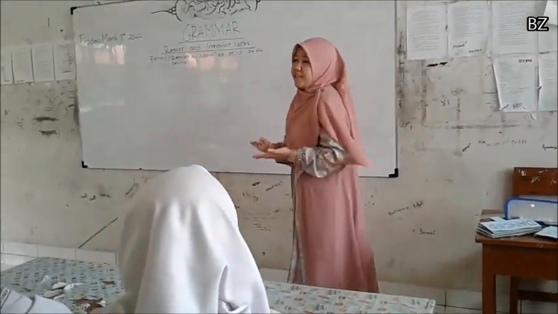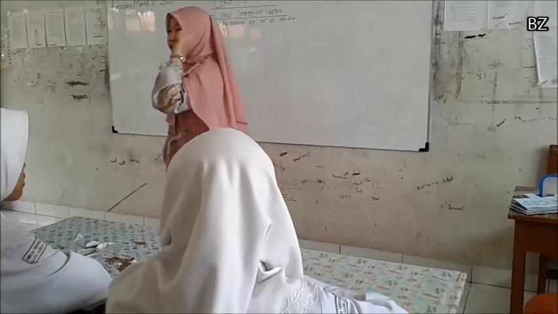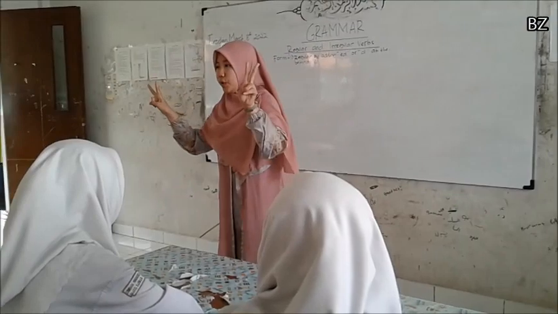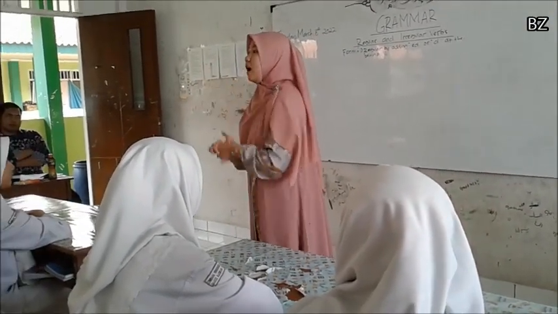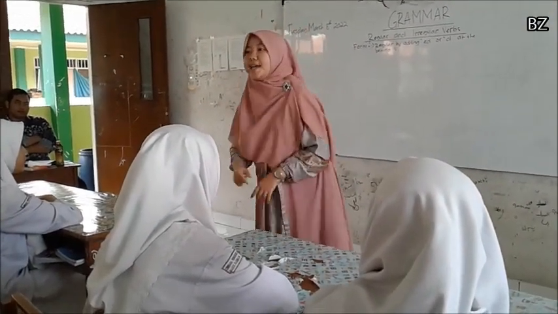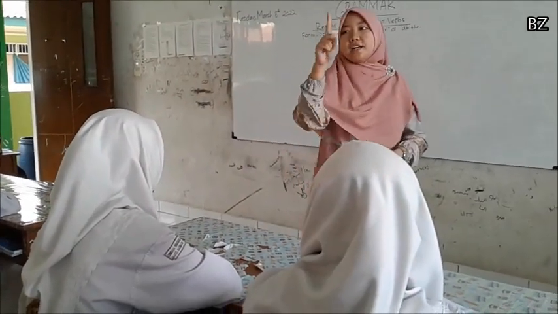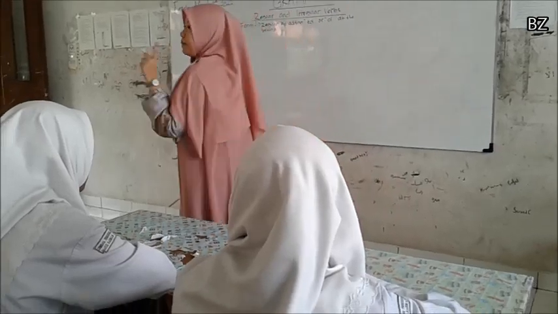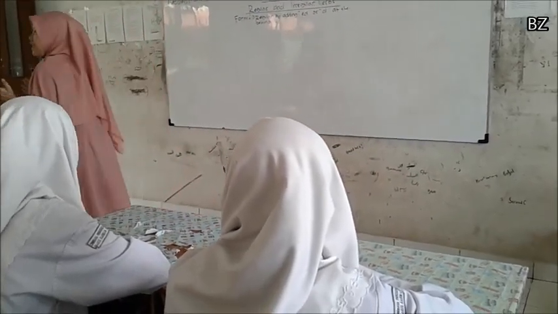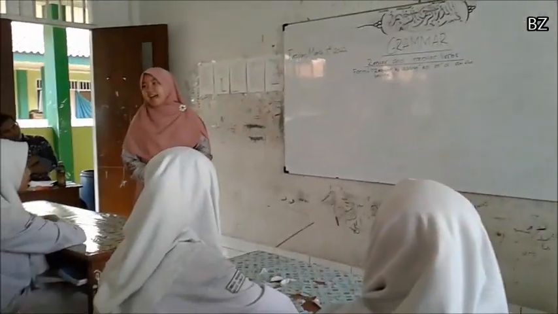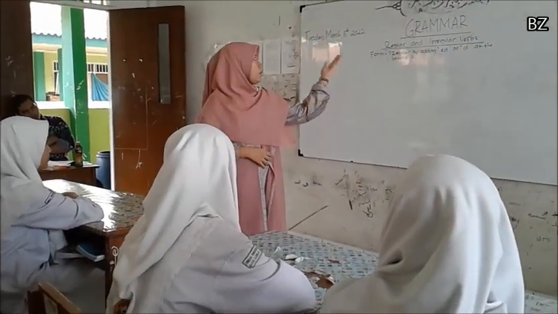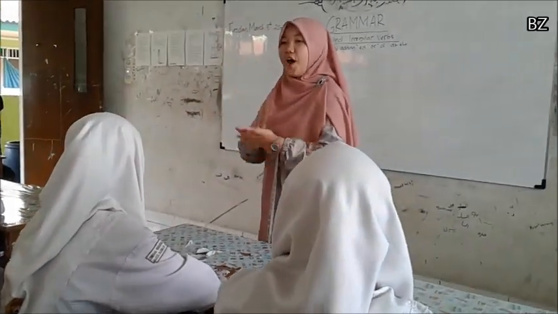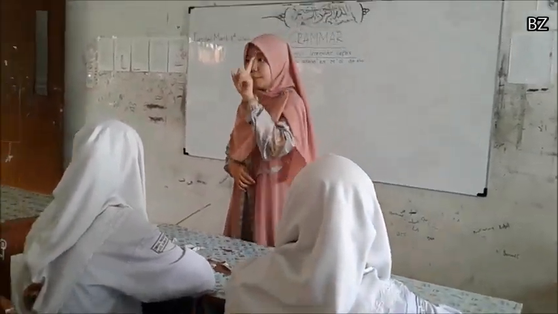So, how about the irregular verbs? Listen to me carefully. When we want to use verb 2 and verb 3 of irregular verbs, we change one of the alphabet letters from that verb 1.